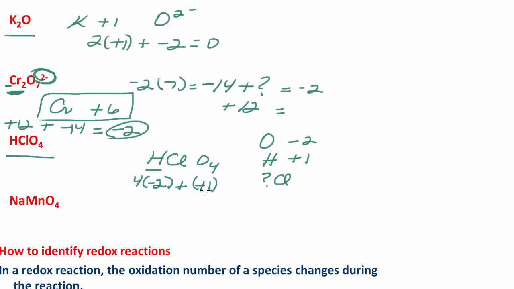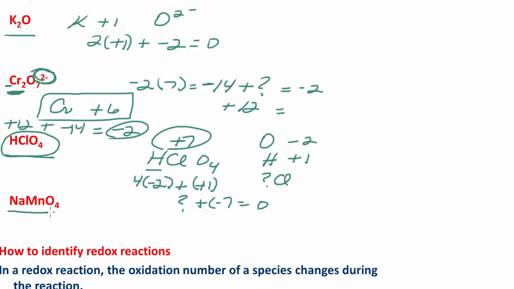So we have -8 plus 1, and that's -7. So what plus -7 will equal 0, because this is a neutral compound? That's +7. So the oxidation number for the chlorine is +7.